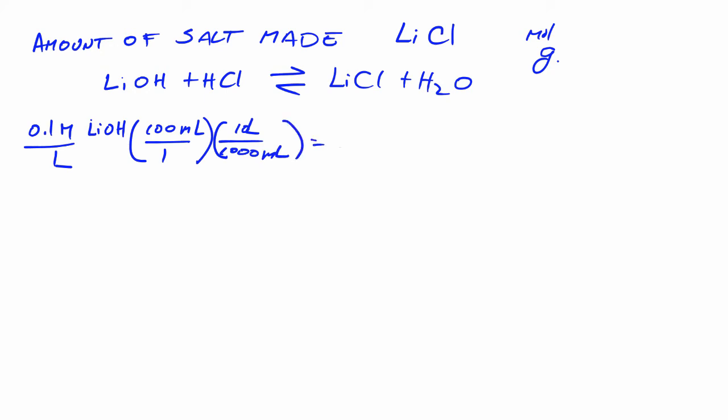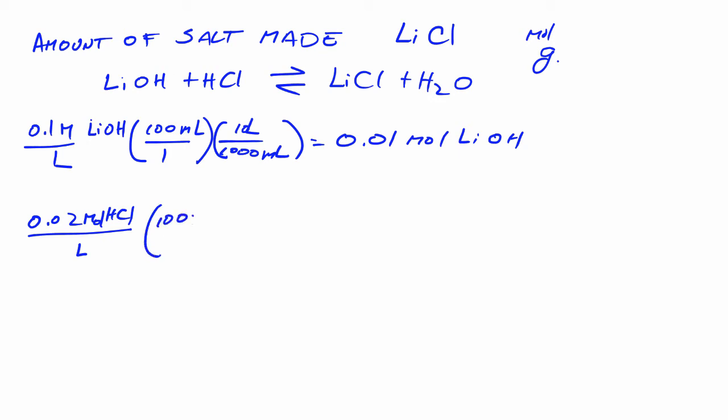And we're going to end up with 0.01 moles of lithium hydroxide in this solution. And we're going to add that to a 0.02 molar solution of HCl. That's moles per liter. And of course, the same calculation: we had 100 milliliters over 1, and that's 1 liter over 1,000 milliliters.